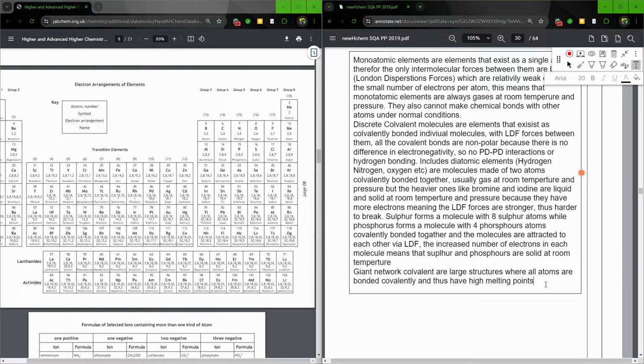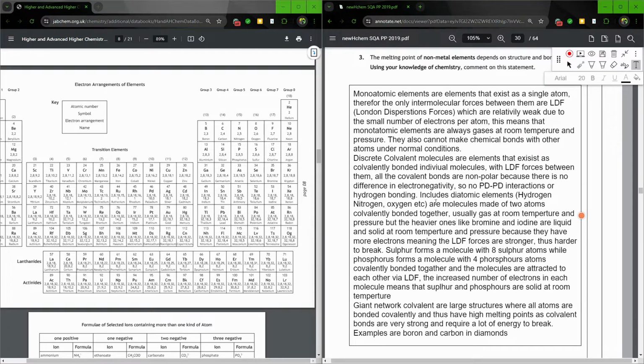High melting points as covalent bonds are very strong and require a lot of energy to break. Examples are boron and carbon in diamonds. I'll go and add some more examples in here, because you also get carbon fullerenes.